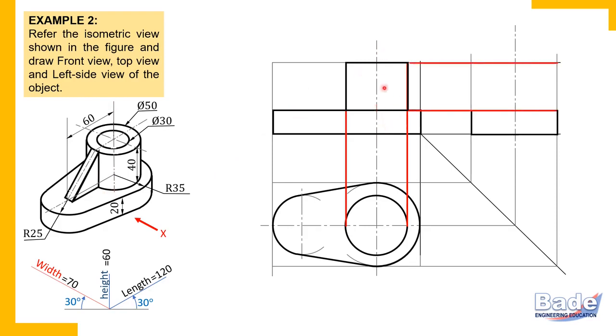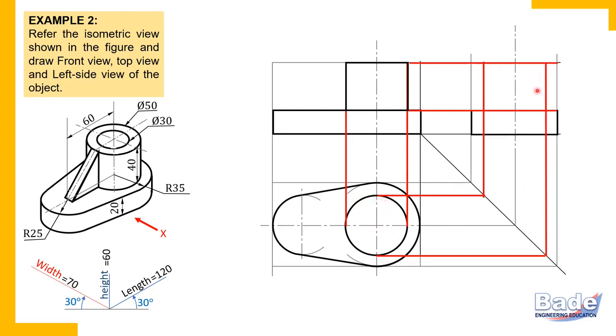Now let's complete the cylinder in the side view also. Remember, in a view shape, that is in the top view circle, the remaining two views are rectangles. So the height of the cylinder, which is 40 millimeters, by drawing end projectors we have transferred to the side view. Now draw end projectors from top view to side view.